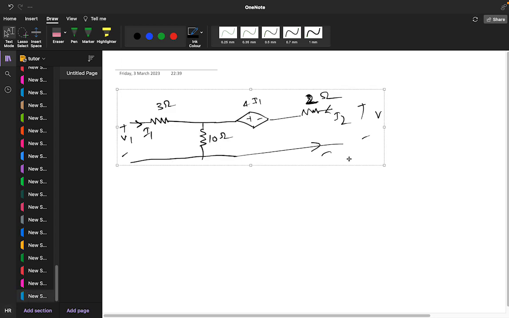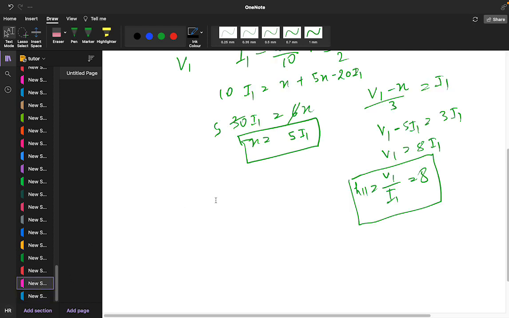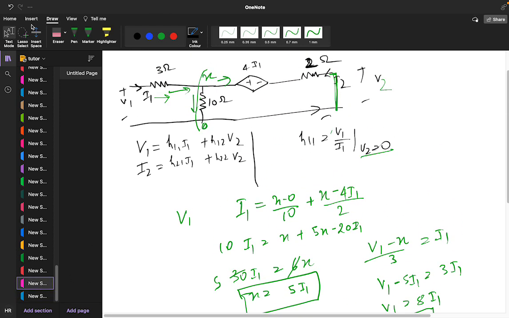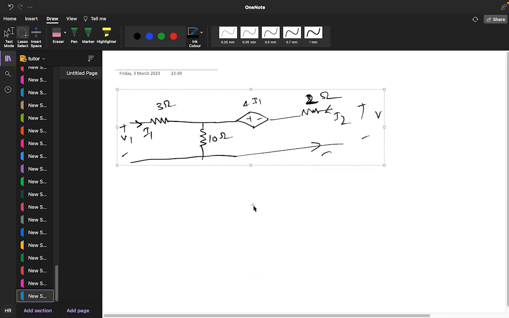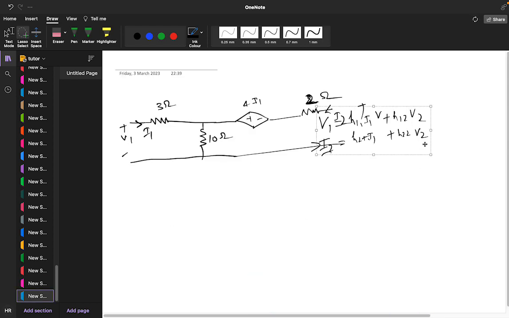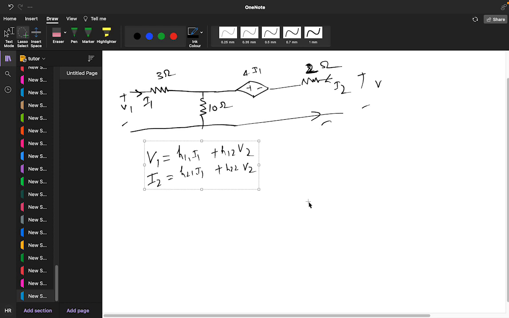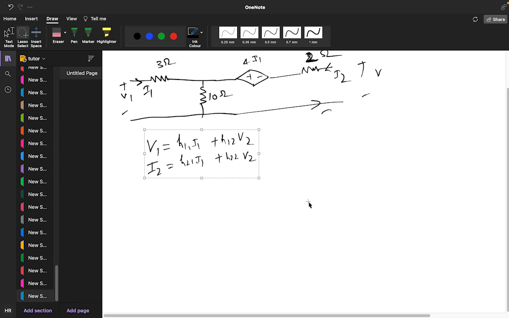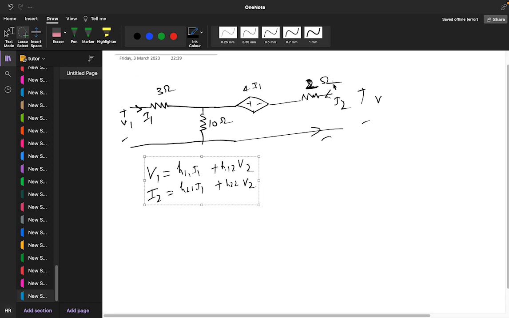Now in the same manner you need to find the value of H12. So what can be H12?